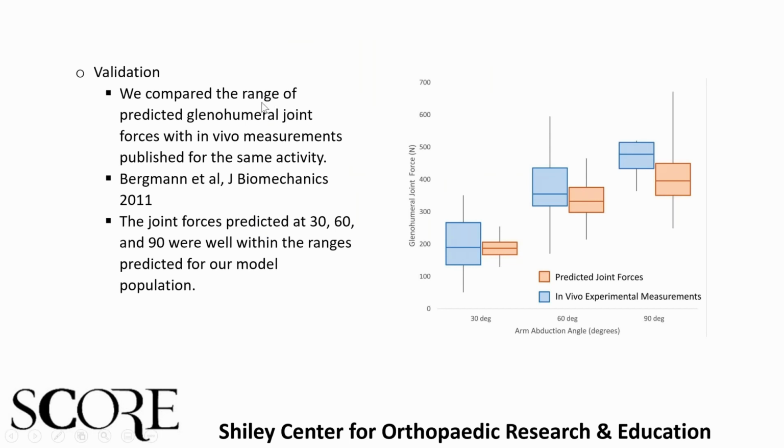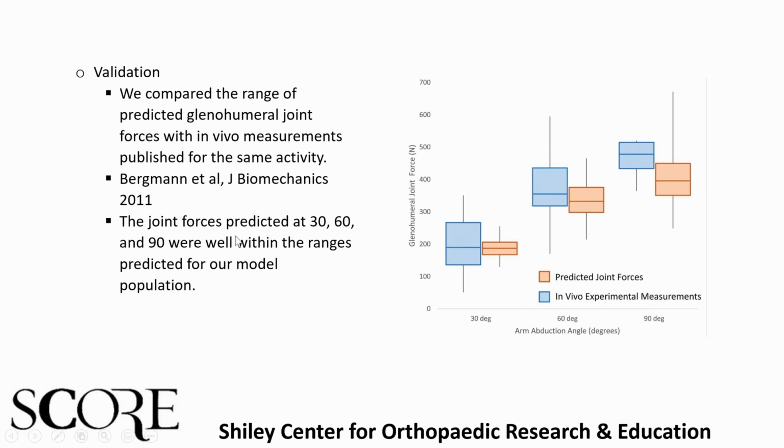So we compared the results, the joint force from our model, to data from in vivo measurements. Bergmann et al. has published in vivo joint forces for shoulder abduction, which is the activity that our model was performing.